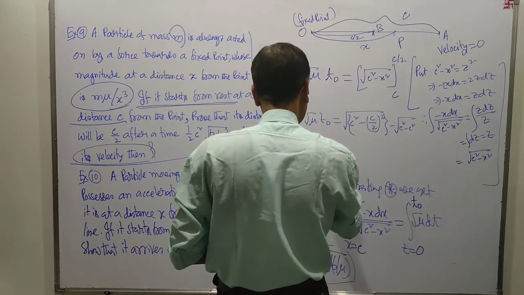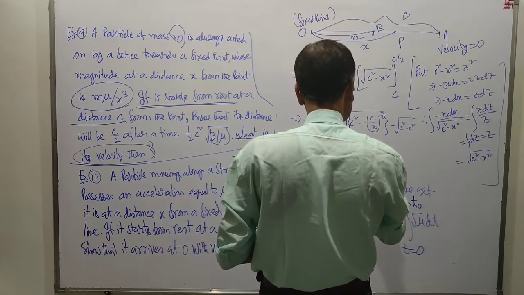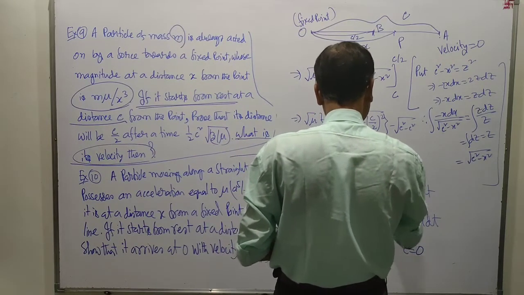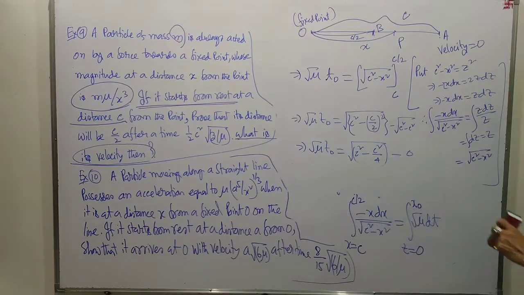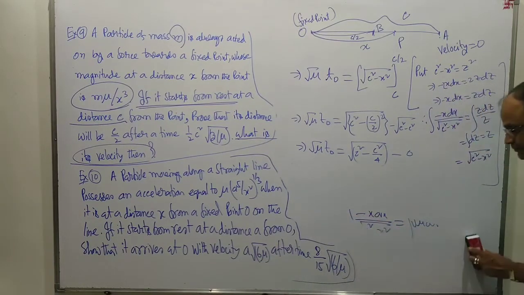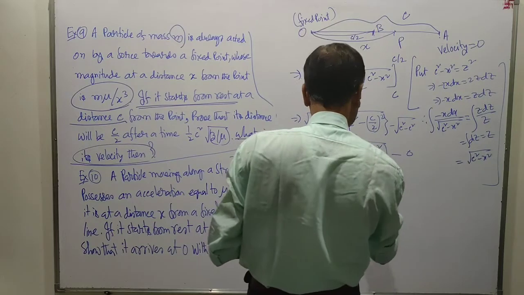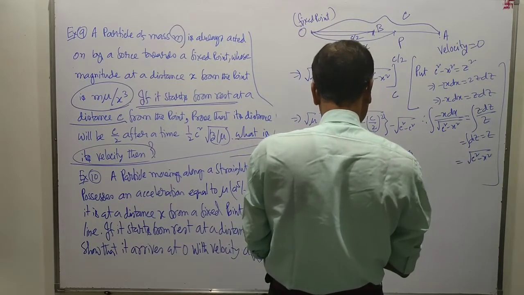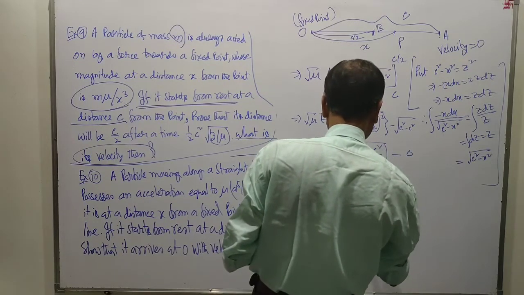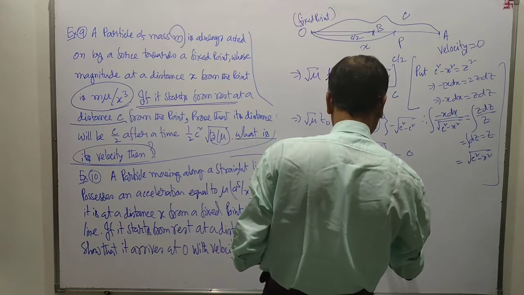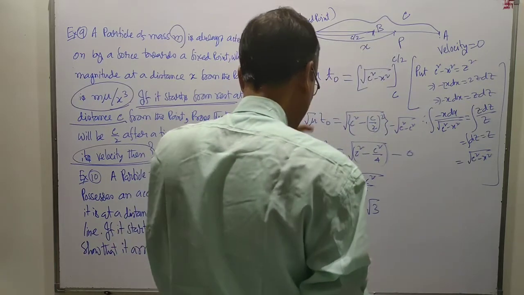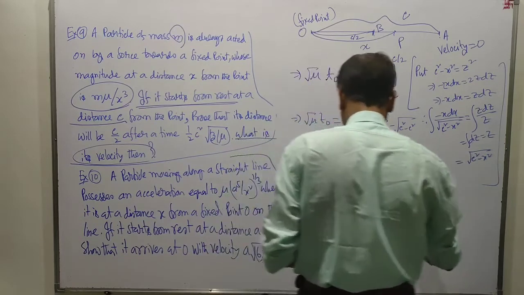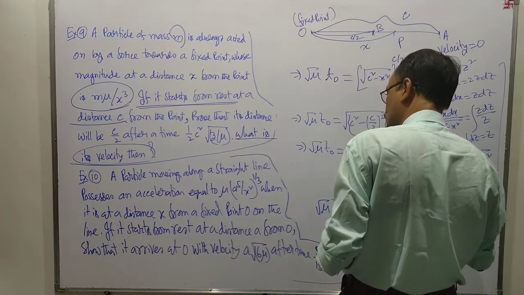This means root over mu T naught equal to root over c square minus c square by 4 minus 0. This is equal to root over thrice c square divided by 4. This is equal to c by 2 into root over 3. And in the left hand side it was root mu T naught. This means T naught equal to c.